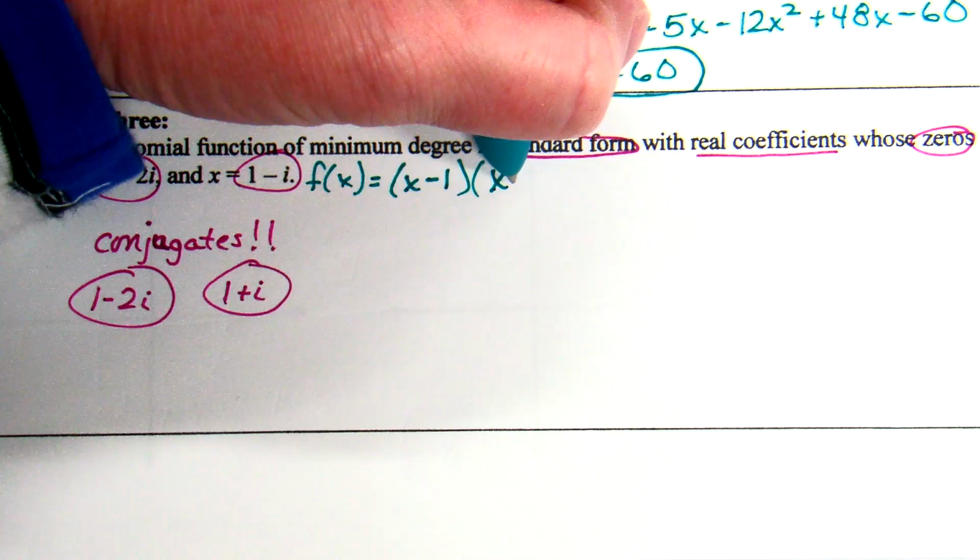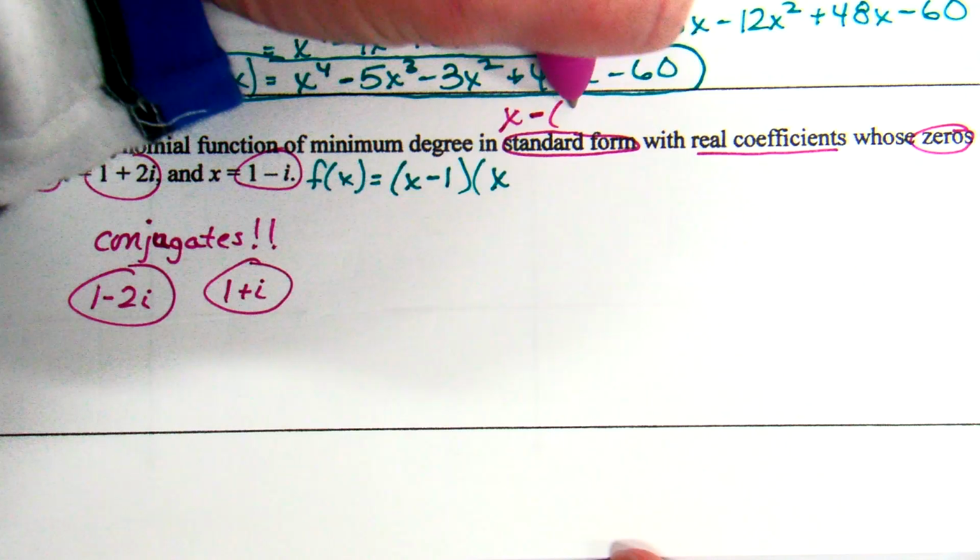What do you remember? We would like the minus outside the parentheses, sort of distributing. Okay, so I'm going to write it up here as x minus, and then parentheses, 1 plus 2i.